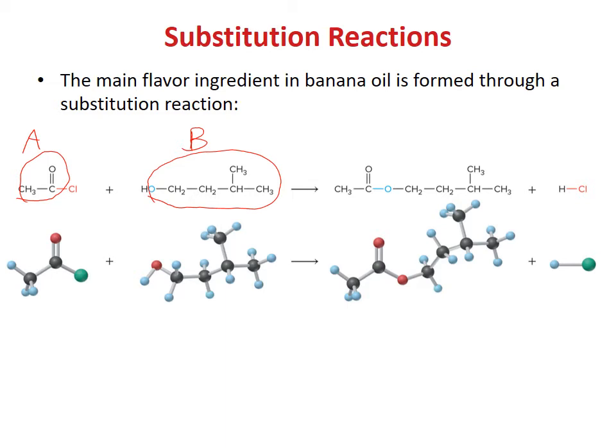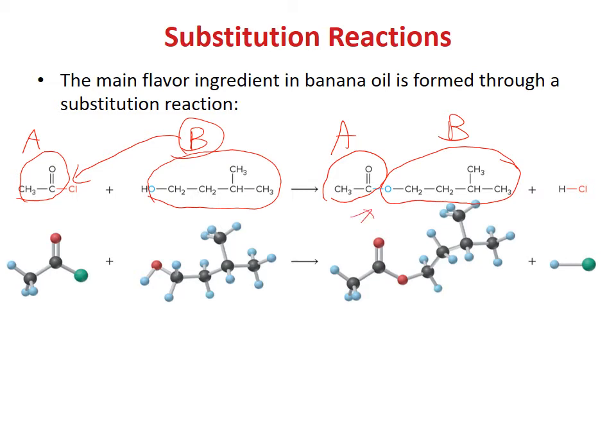Now if we look at the product, this is the same group A, and the other part is group B. So what happens is the group B from the alcohol replaces, or substitutes for, the chlorine in A and forms the product.